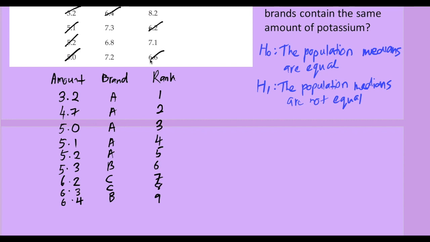Next we have 6.6 and 6.8. Brand C and then B. Rank number 10 and 11. And then we have 7.1, 7.2, 7.3 and 8.2.